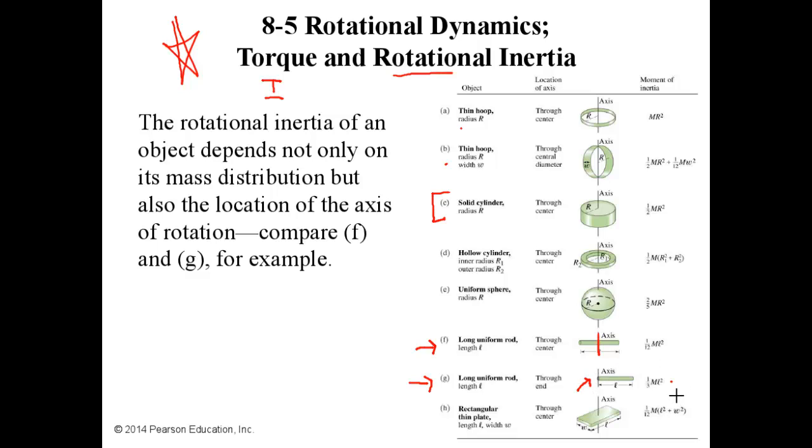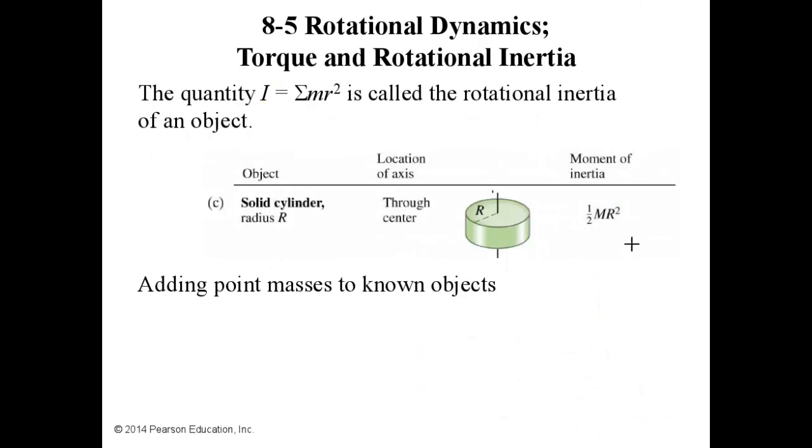So this one is going to have a larger rotational mass than the other one. So it depends not only on the mass, the radius, the length, etc., but also where the axis of rotation is.